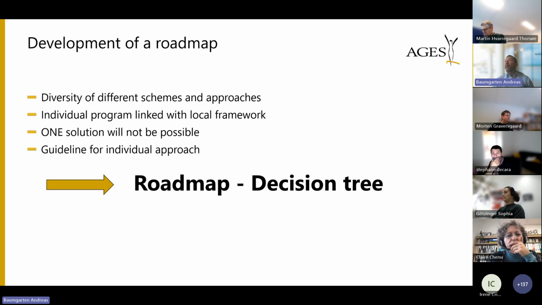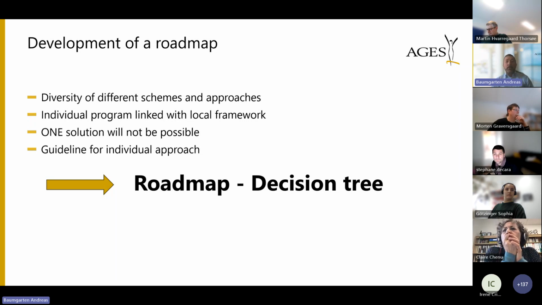So what we have been thinking of was simply to develop a kind of a decision tree where all these important factors that you have heard about during the last presentations are considered in some way, so that it's possible for the local, for the regional, or maybe even for a national approach to have the most important factors and the most important things to be listed and analyzed.